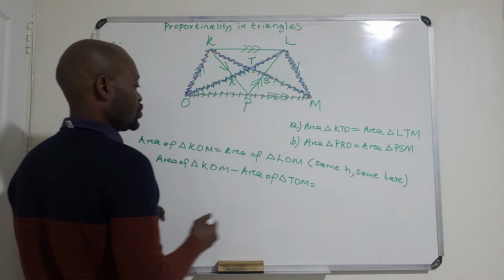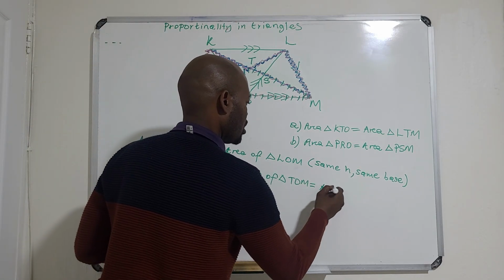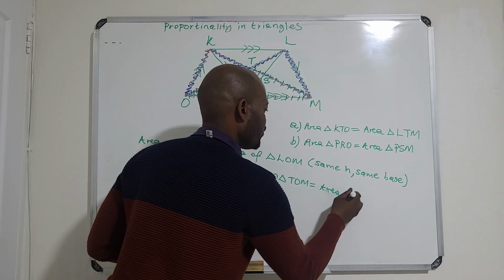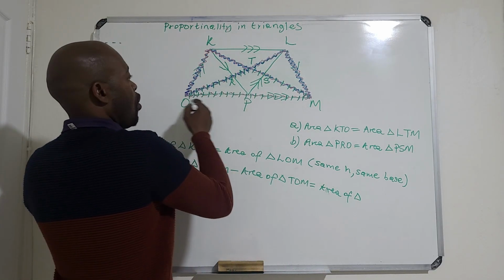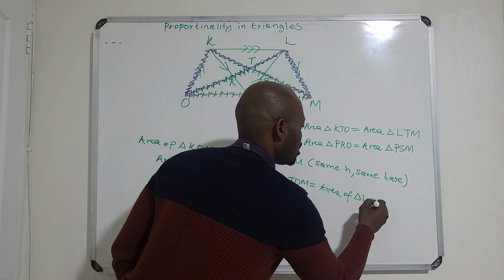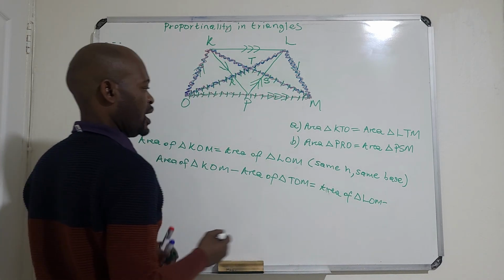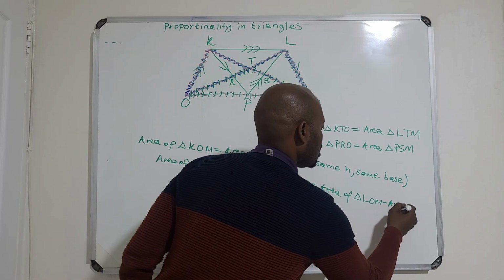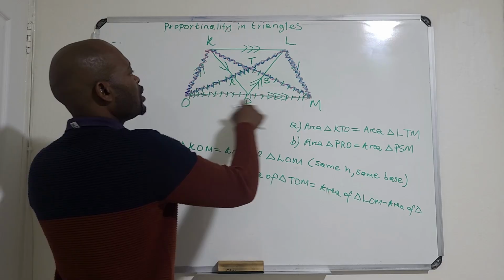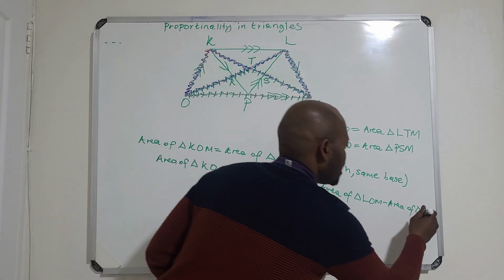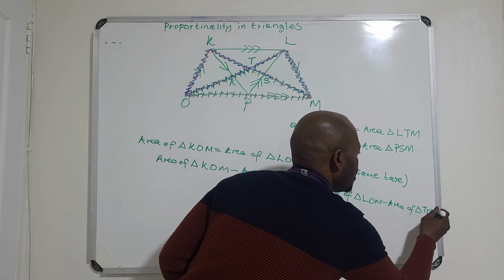is equal to the area of triangle LOM minus area of triangle TOM, still the same triangle, TOM.